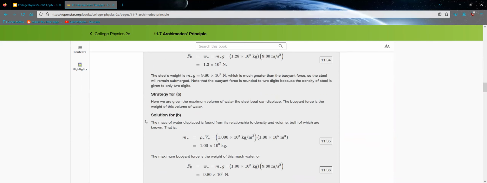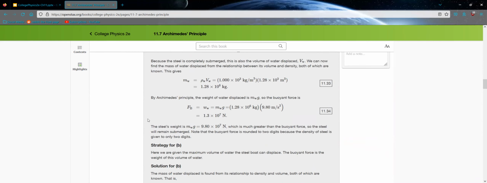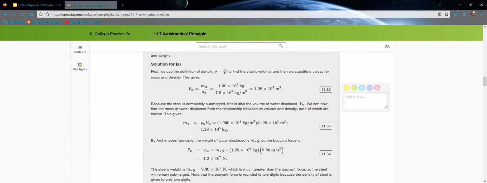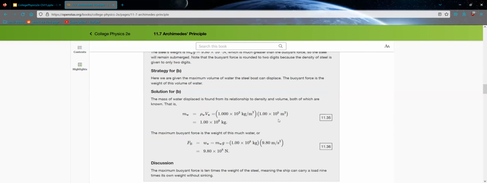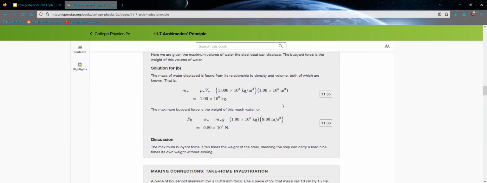If we do the same conversation with a boat, we're going to notice a couple of different things. First and foremost, here you have 1.28 times 10 to the 3rd displacement of water. But here you have 1 times 10 to the 5th displacement of water. You displace a lot more water in the boat because it's a lot larger. So when you do that, you get a larger buoyant force because you've moved more water.